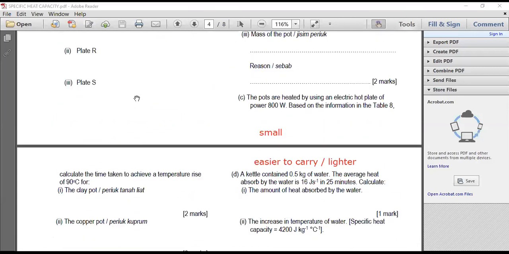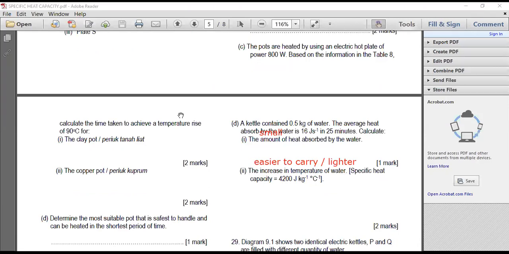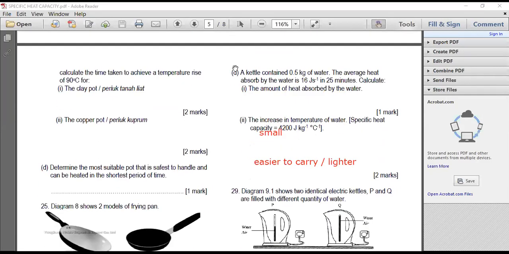The pots are heated using an electric hot plate of power 800 W based on the information. Calculate the time taken to achieve a temperature rise of 90 degrees Celsius. For this one you can use Q equals mc theta. You change Q to Pt.